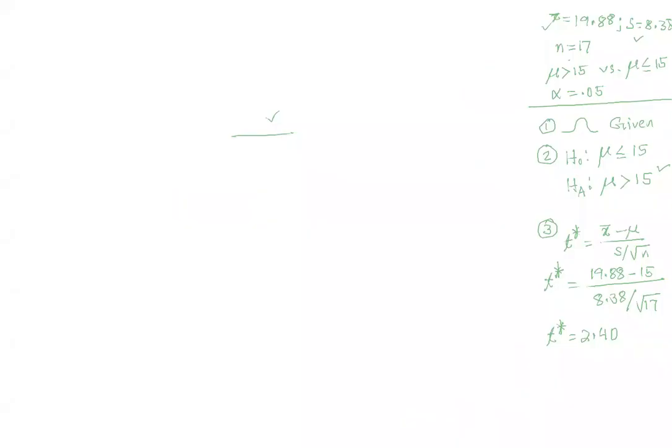Now we are going to go ahead and do the other parts. Again, very standard process. You find the critical region, critical values for T. Remember, the T distribution is a bit stretched. Zero, and it's a right tail test. Alpha is equal to 0.05, so the area to the right is going to be 0.05. Your degrees of freedom is n minus 1, which means 17 minus 1 is 16.